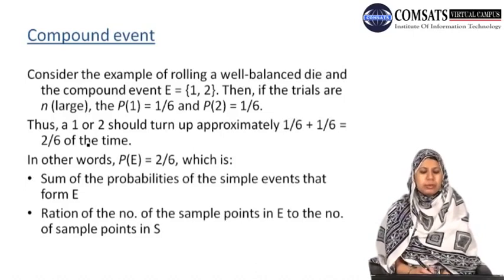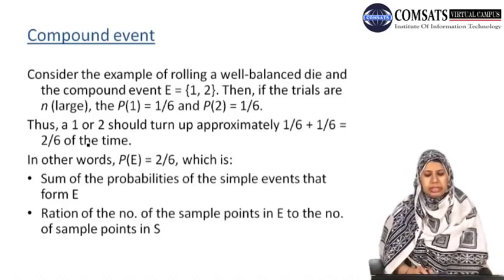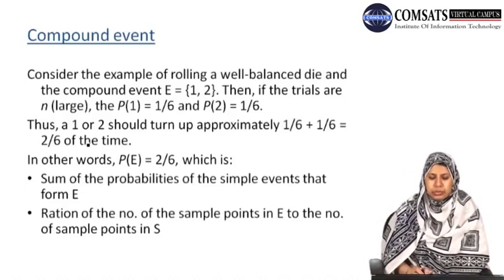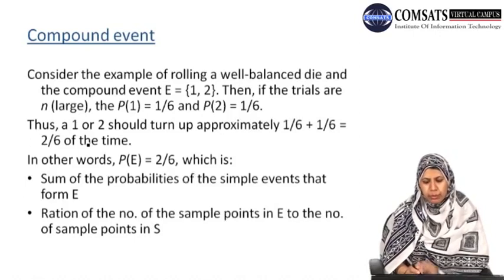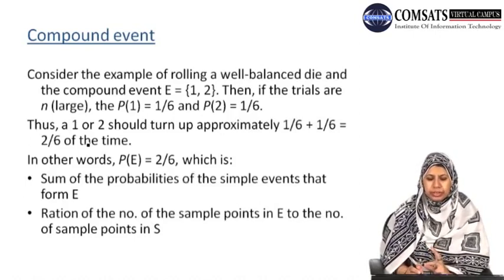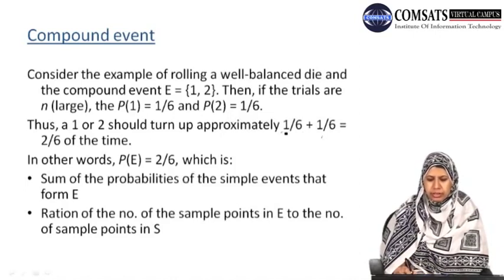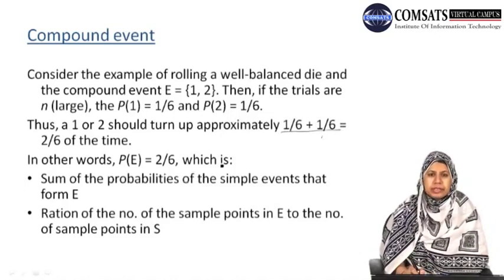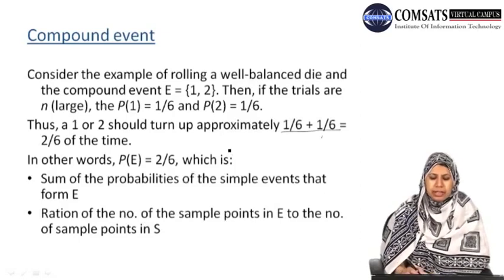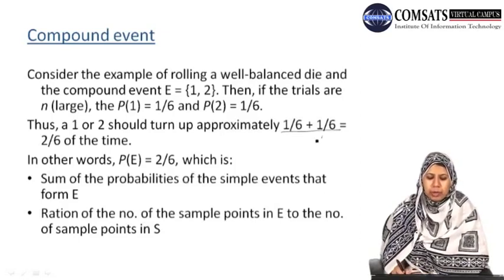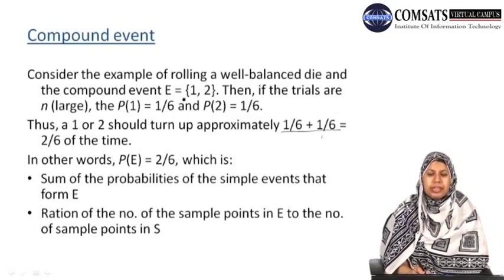In other words, the probability of this event is equal to 2 by 6, which can be defined in 2 ways. If we look at this term 1 by 6 plus 1 by 6, it means that we are adding the probabilities of the simple events that form our event E.